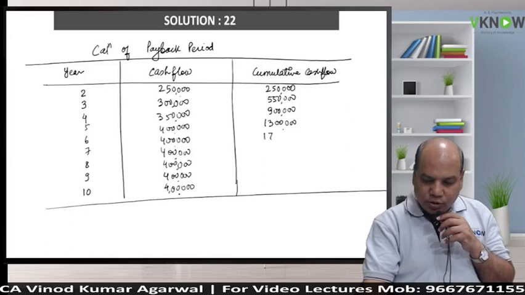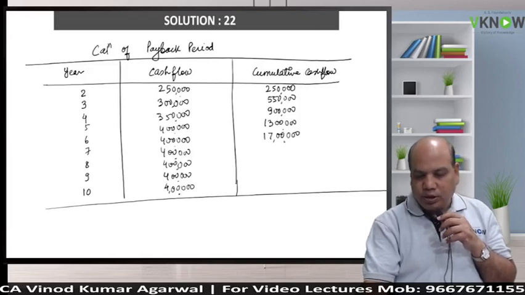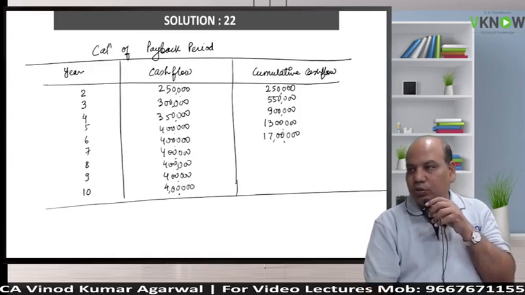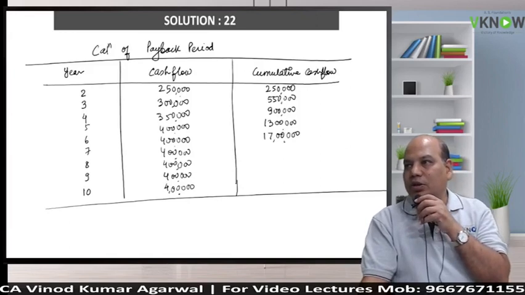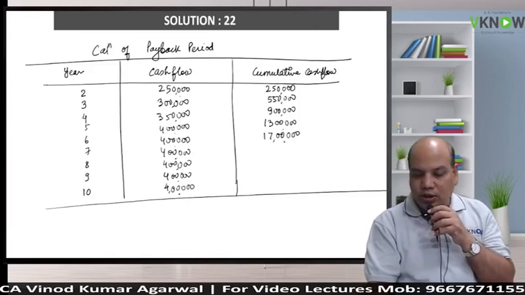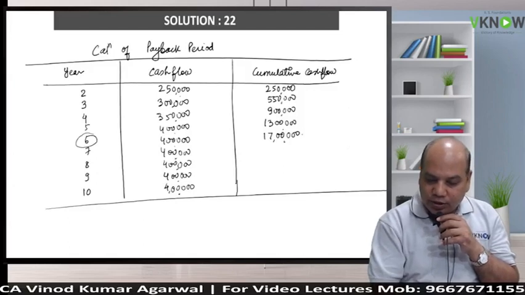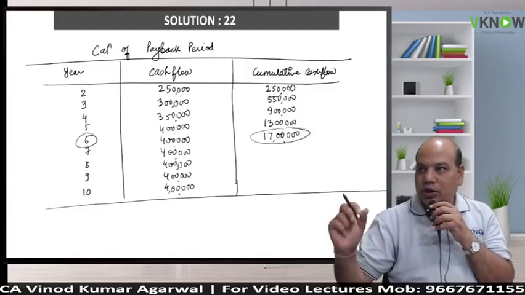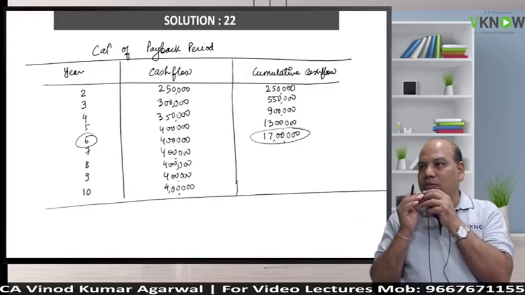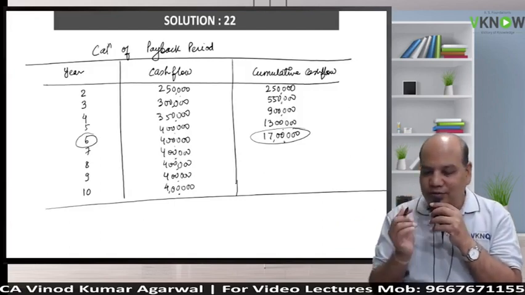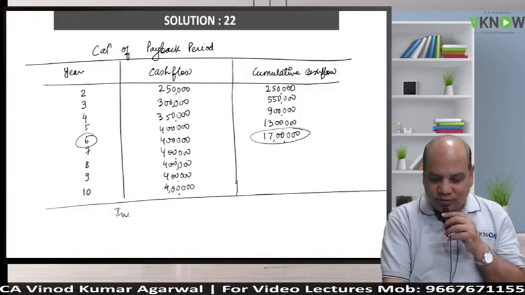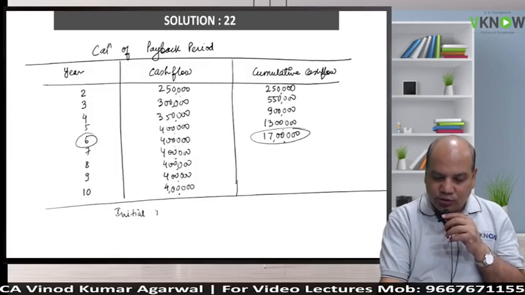Now wait, stop. In the payback period method, cash flows after the payback period are not considered because my answer is over. My answer is that year in which we have recovered our initial investment. Yes or no? Yes. Right. So below that, first you write down initial investment.